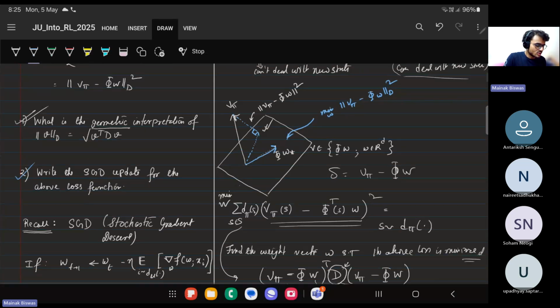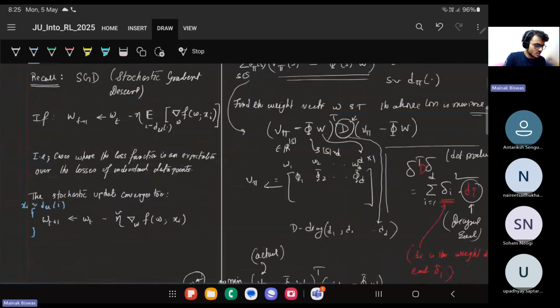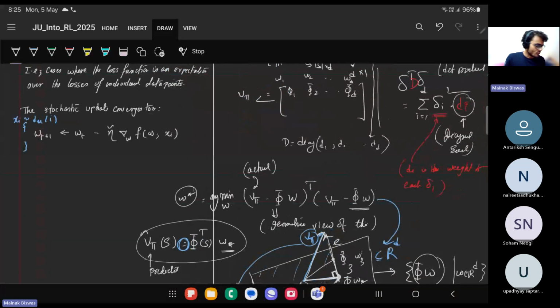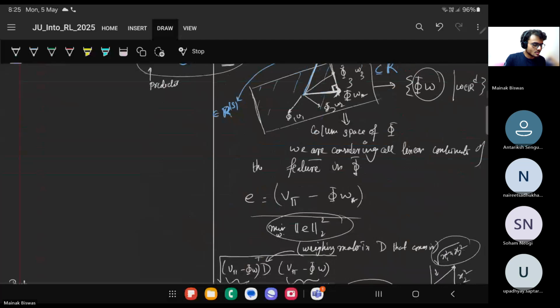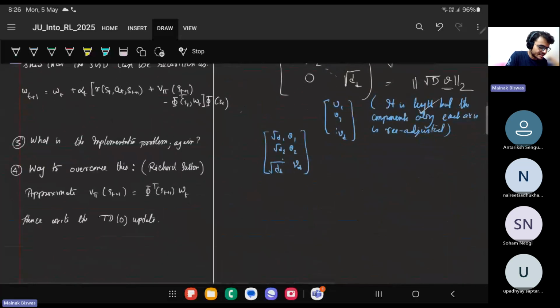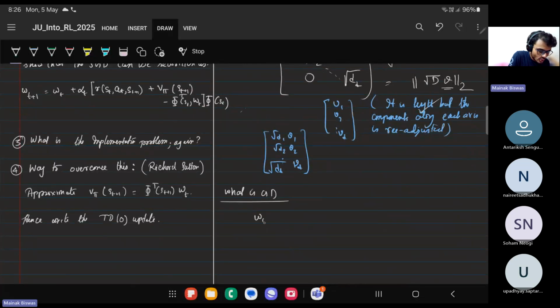Okay, so now this was just a revision that we were doing. So let us try to write down the stochastic gradient descent algorithm for the TD0 algorithm. First of all, what is the gradient descent algorithm? We said w t plus 1 is w t minus eta times the gradient of the loss with respect to w, correct?